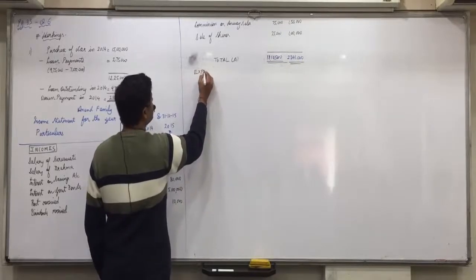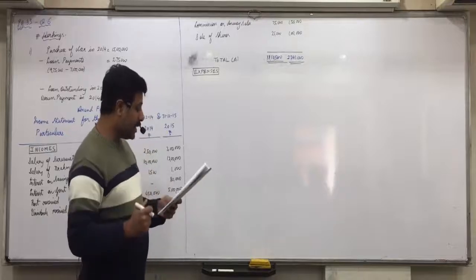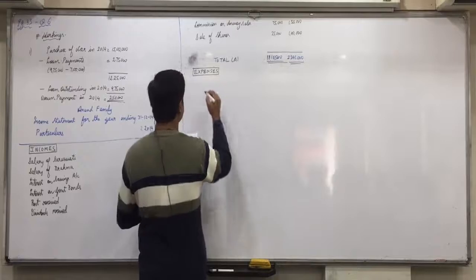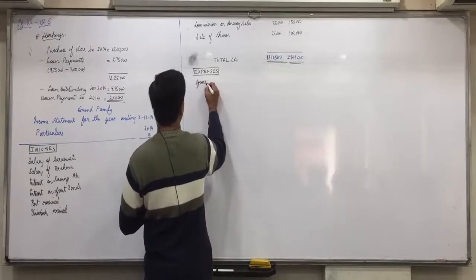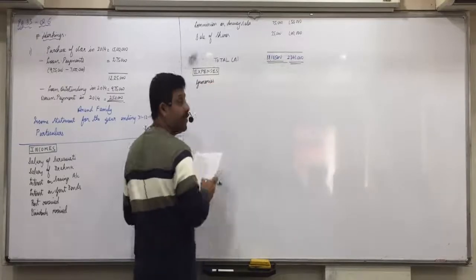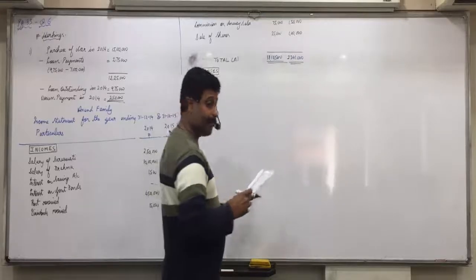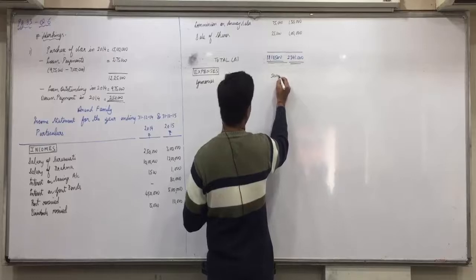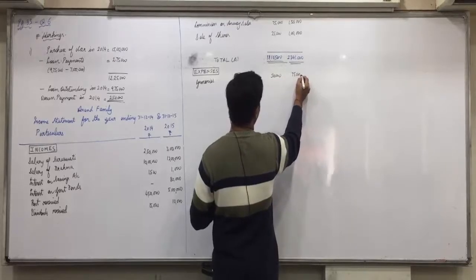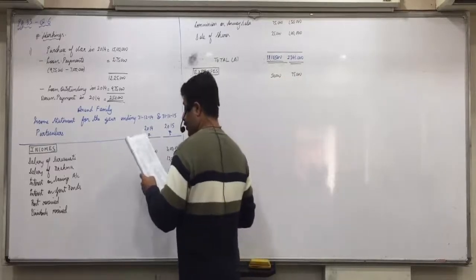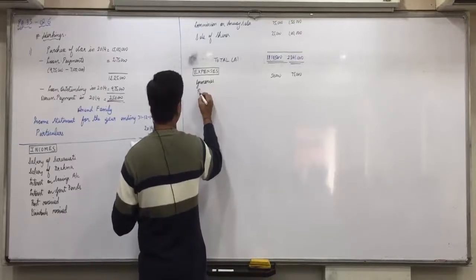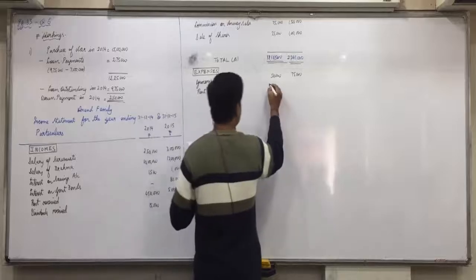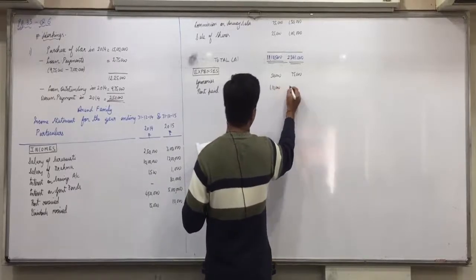Then expenses. Now I'm directly writing all the expenses, many are there. So first is directly groceries. All of you speed up in writing instead of talking in between. Groceries 50,000 and 75,000. Rent paid 1,10,000 and 1,20,000.